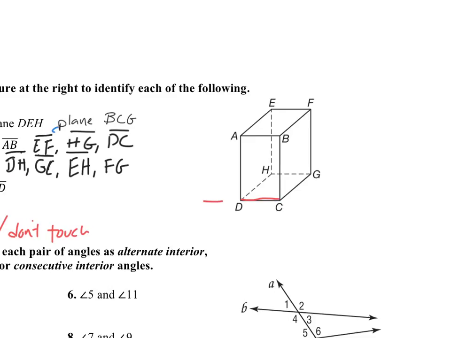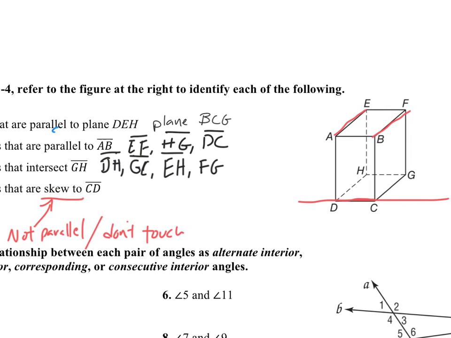If you were to extend this forever, which lines would not be parallel and which lines wouldn't touch DC? So I know that FB is skew to DC, so is AE, so I'm going to write AE.